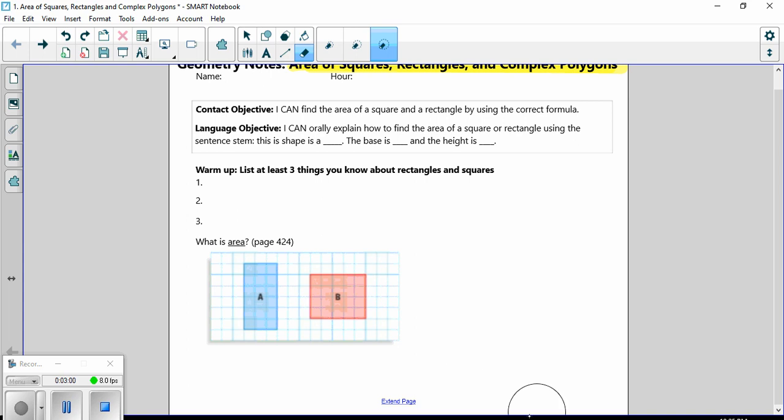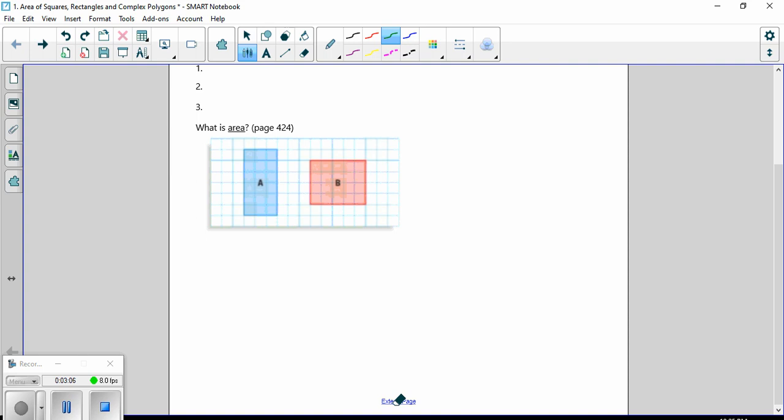Okay. So what is area? Area just tells you how much space an object or a figure takes up. So how much space.